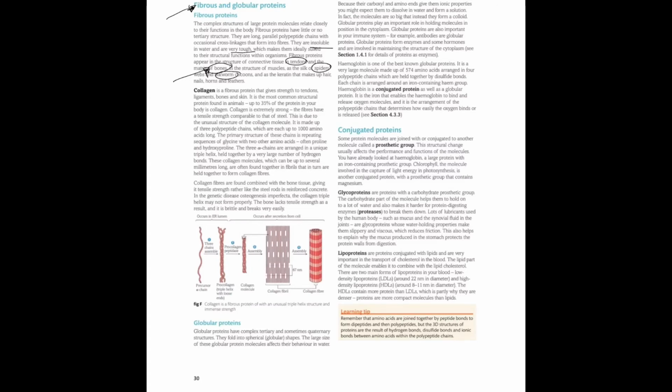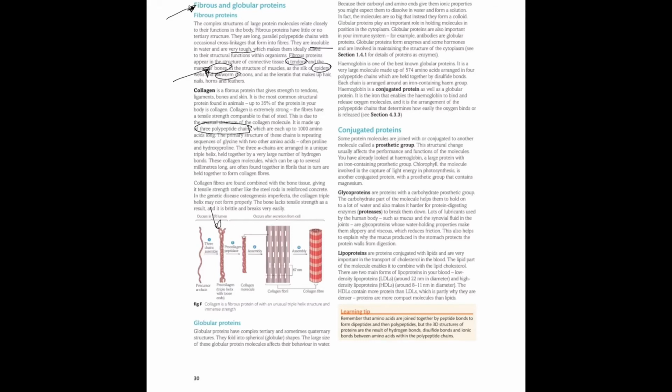It is made up of 3 polypeptide chains, which are each up to 1,000 amino acids long. The primary structure of these chains is repeating sequences of glycine with 2 other amino acids, often proline and hydroxyproline. The 3 alpha chains are arranged in a unique triple helix.